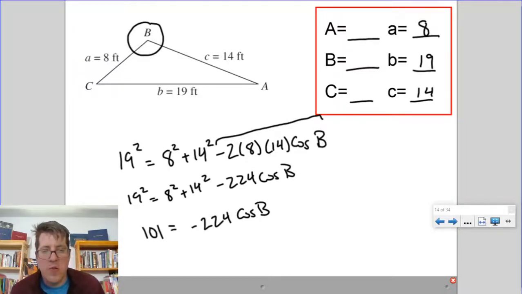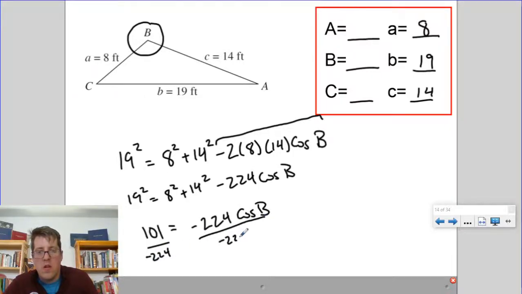Okay, so if you subtract 64, and then you subtract 196, you're left with 101 equals negative 224 cosine B. You're going to divide by negative 224. So I want you to think about how this would work out.